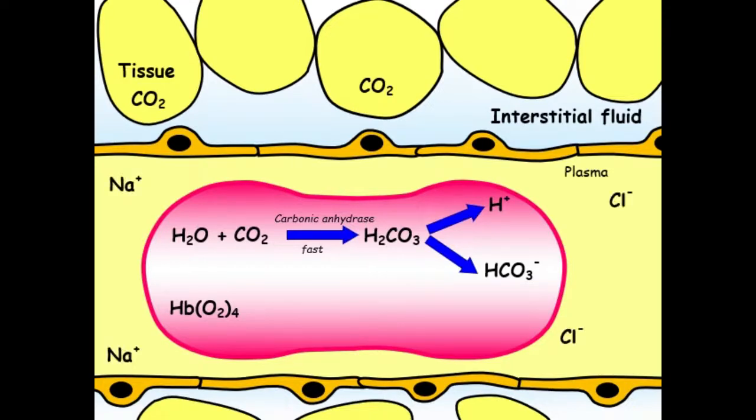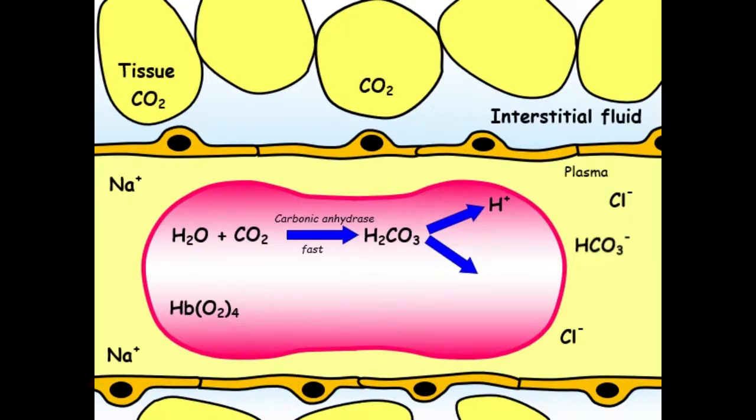The formation of the bicarbonate ions occurs very fast, causing the bicarbonate ions to accumulate in the red blood cells. The membrane of the red blood cell is very permeable to negative ions. The bicarbonate ions will diffuse out of the red blood cell and move into the plasma, which causes the cell to become positively charged.